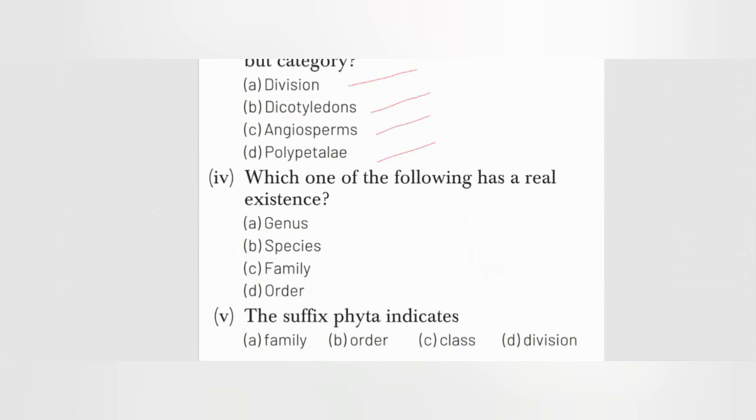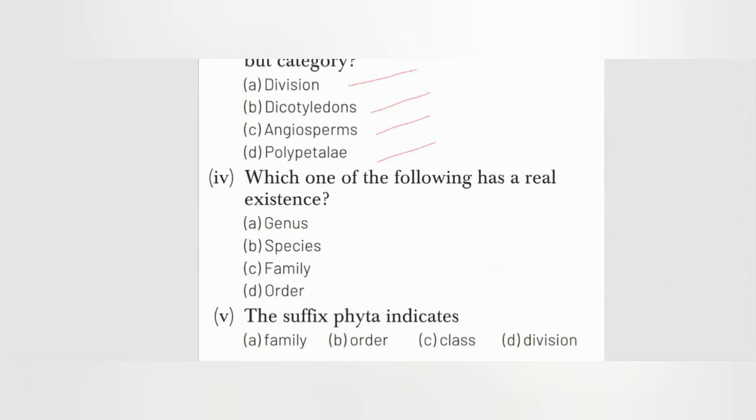Why is it said so? Because according to the biological concept of species, a new species is formed from the existing species, thus it has a real existence. The last question of this video: the suffix phyta indicates what?